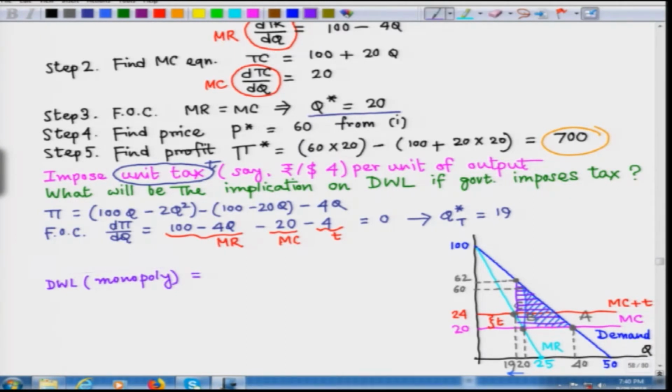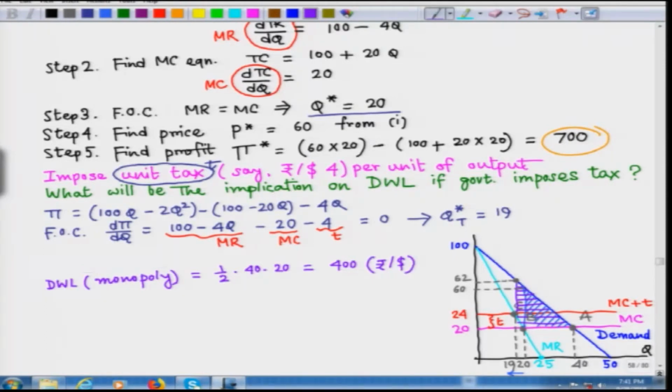We have to use the simple formula of area of a triangle, that is half times base times height, right. So, we can apply that formula to get 400 rupees or dollar whatever deadweight loss.